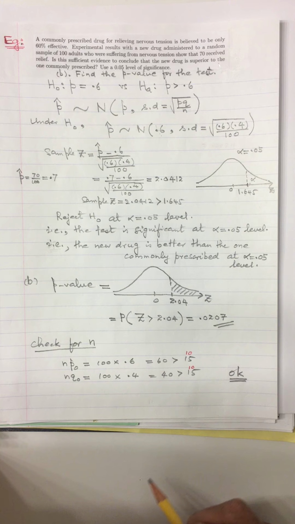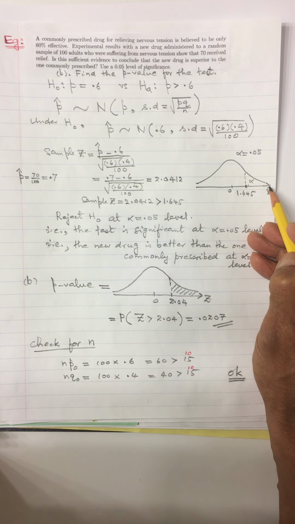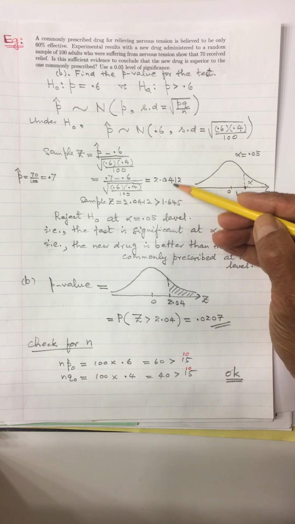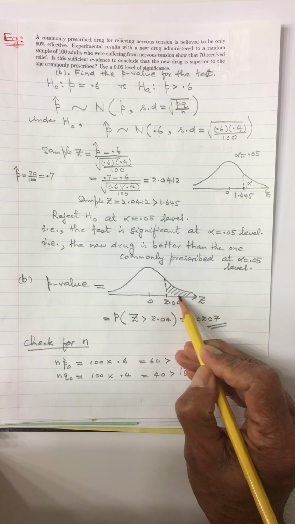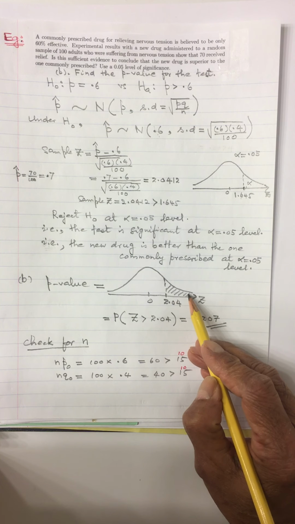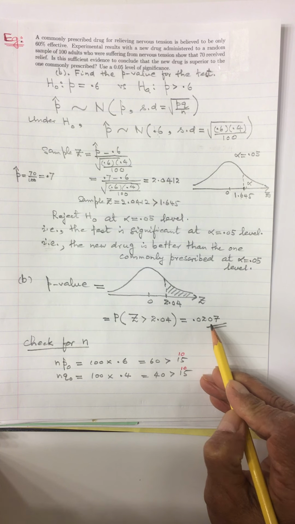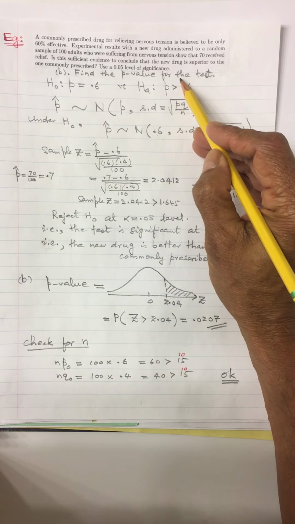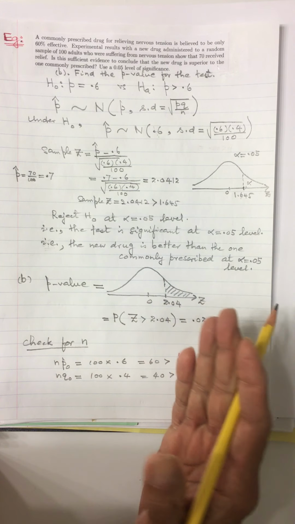If you want to find the p-value now, you have to use the z curve. You need to set your cutoff at the sample z value and get that area. Use your z table to figure out that area, z more than that, which is 0.0207. This is one tail. If this is a two-tail test, you multiply that by 2, because there's another cutoff on the other side.